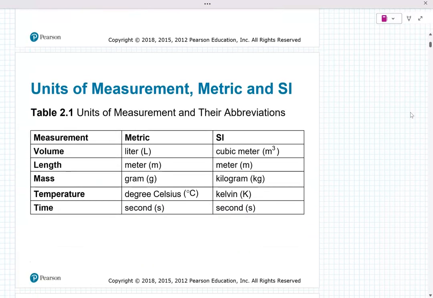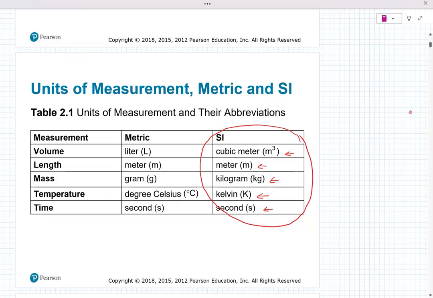So on the right column, you see the international system units: cubic meter, meter, so length, volume, length, mass, temperature, and time.